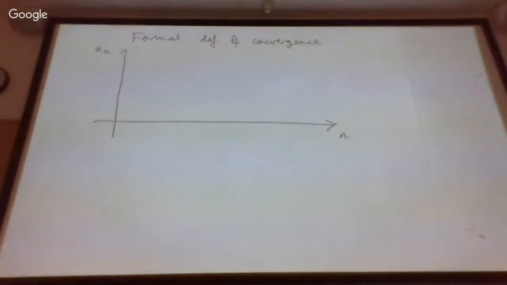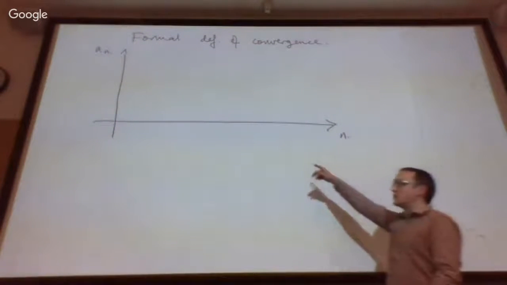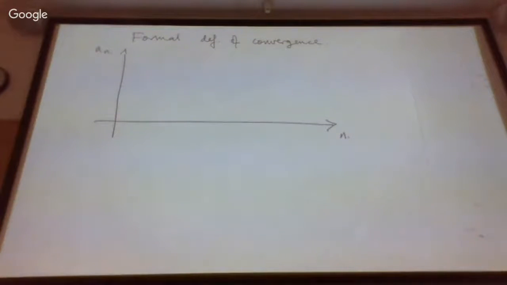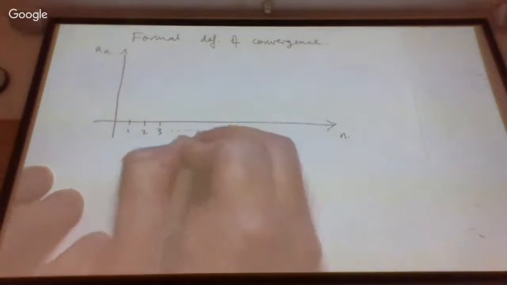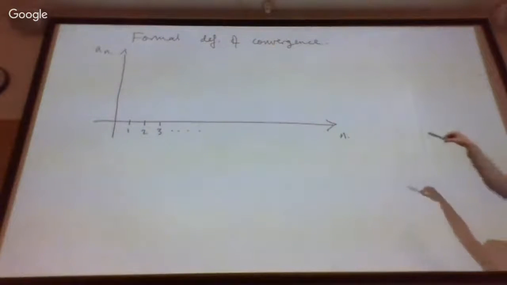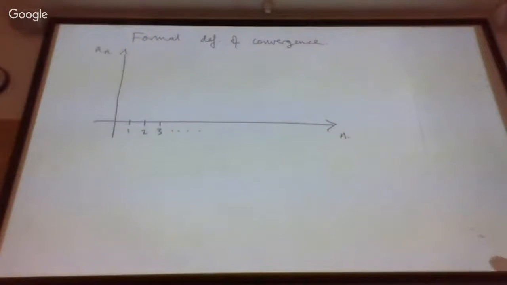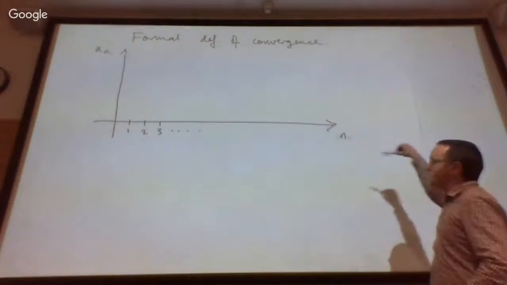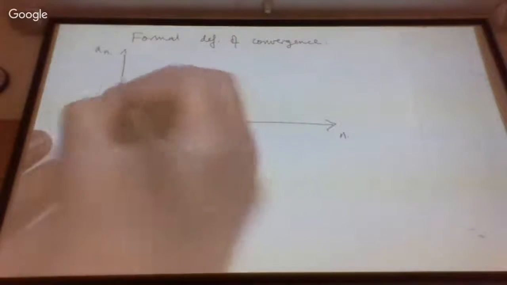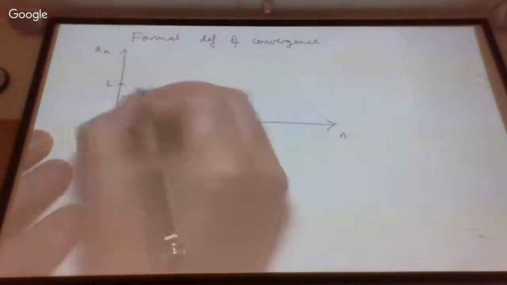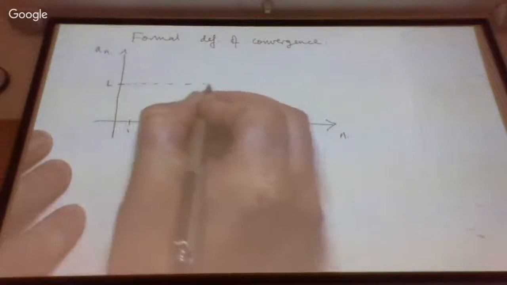So if we think of this diagram where we're tracking the values of the indexing variable n on the horizontal axis, and we're showing the values of the sequence on the vertical axis, we get this pattern of dots across the page. Here's where the various bits attach to the diagram.